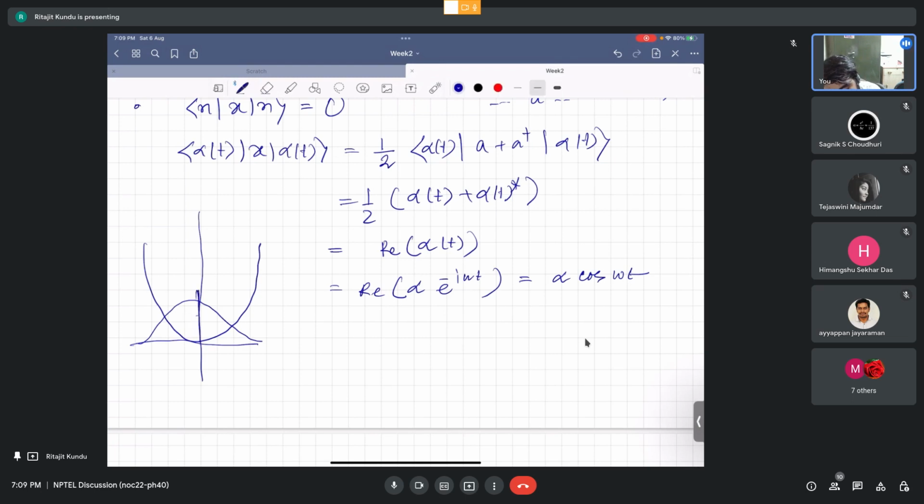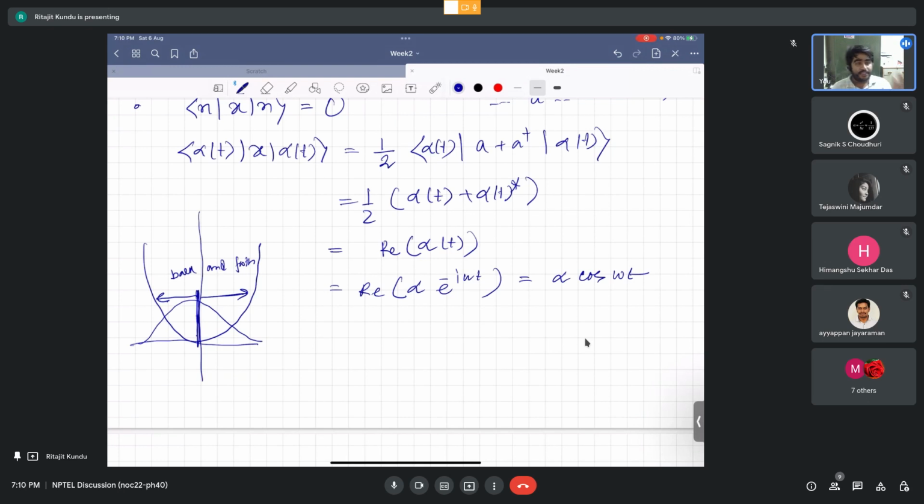So x average at t0 will be here, and this changes back and forth. It is just like you have a well and a particle bouncing on the walls. That's how this coherent state is bouncing back and forth through the well.